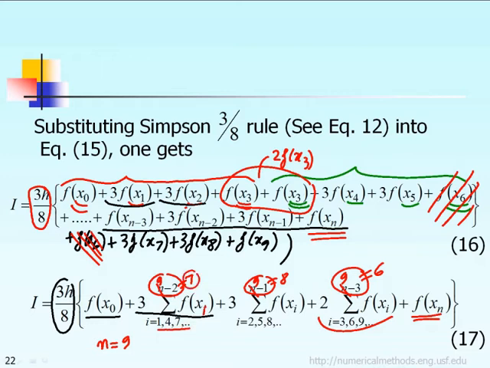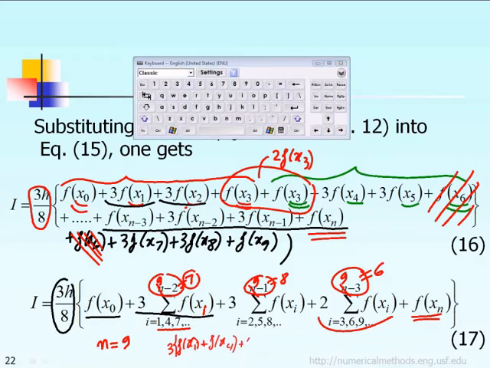So that means here you will have 3f evaluated at x1 plus f evaluated at x4 plus f evaluated at x7. Those terms are right here: 3f(x1), 3f(x4), and 3f(x7). You can see that.